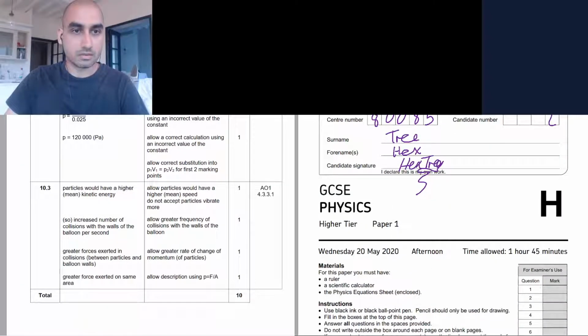May 2020. Oh no, November 2020 is when they collate them all together. Okay, fine. November 2020, so we've got physics.